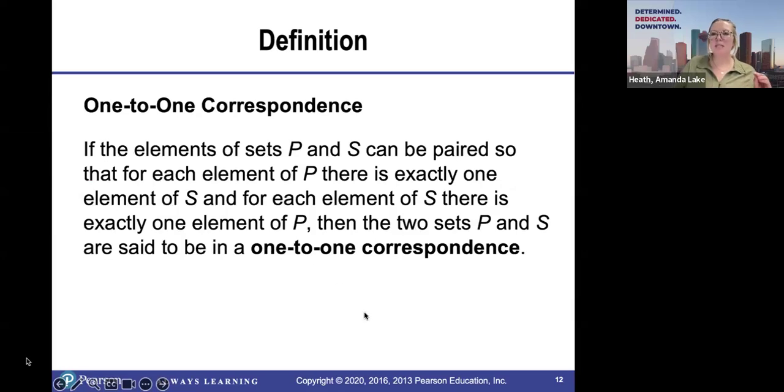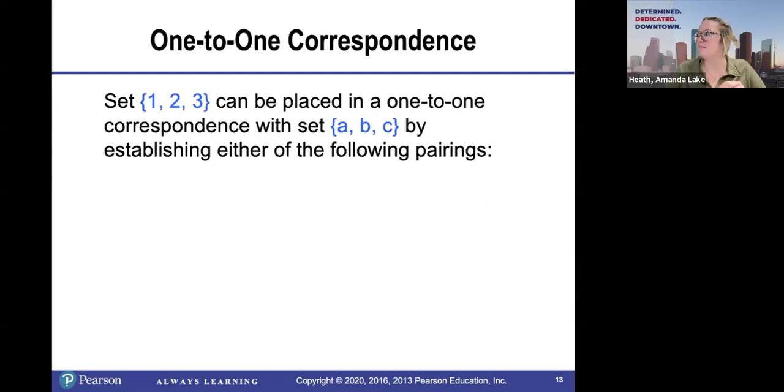Different from set equality is a quality between two sets called one-to-one correspondence. So if the elements of two sets, P and S, can be paired so that every element of P has exactly one element of S, and for every element of S, there's exactly one element of P, then those two sets are said to be in a one-to-one correspondence.